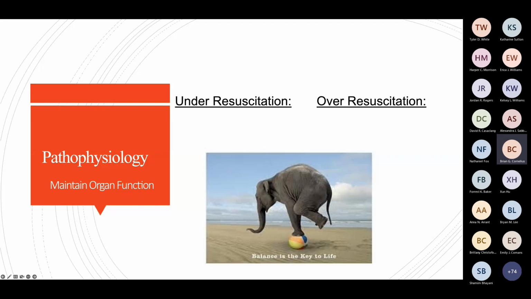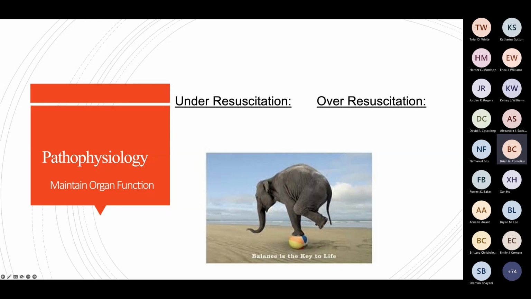So it's a very fine balance for patients because over resuscitation and under resuscitation each come with their own consequences. Consequences of under resuscitation include decreased perfusion. One of the first things we really worry about here is the kidneys.